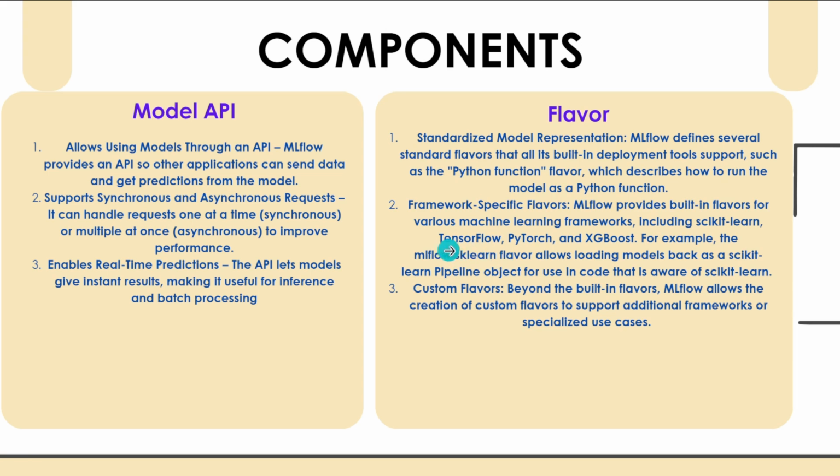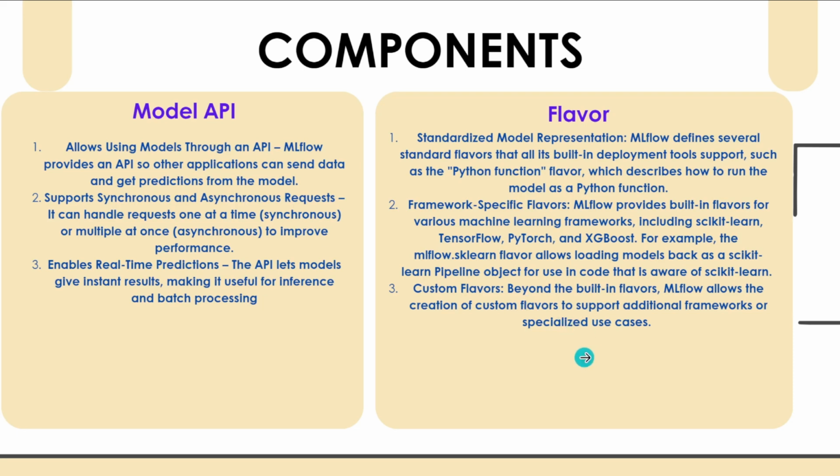For example, mlflow.sklearn that I showed you is a flavor that allows loading models back as a scikit-learn pipeline object for use in code that is aware of scikit-learn. You can also have custom flavors. Beyond the built-in flavors, MLflow allows the creation of custom flavors to support additional frameworks or specialized use cases.